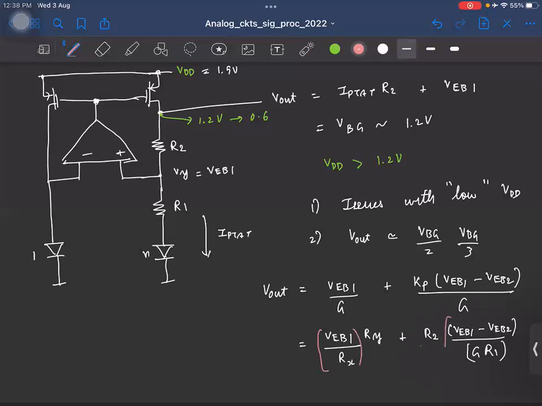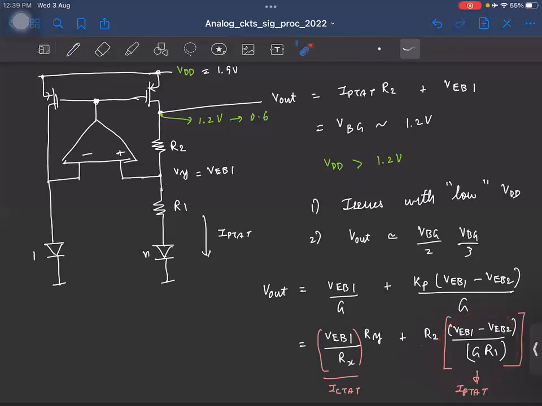we'll look at these two terms which are bracketed. So this is basically a current that has CTAT property, right? You know, VEB1 is a CTAT voltage. So what I'm basically doing is generating a current that depends on it. And here I have a PTAT current, right? We know how to generate this current.